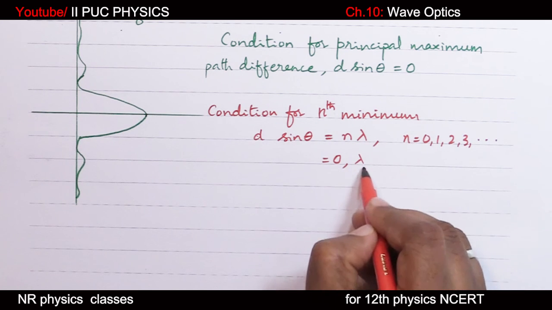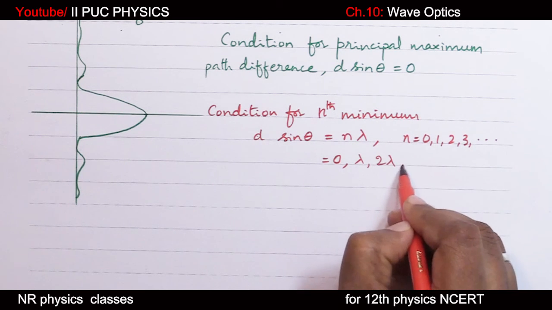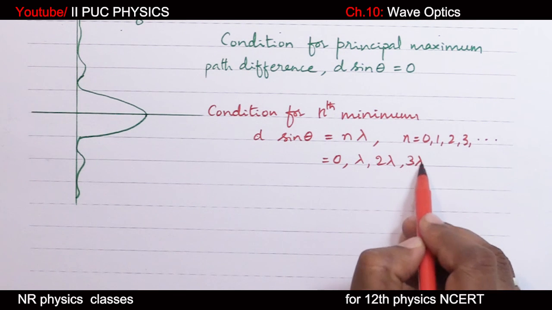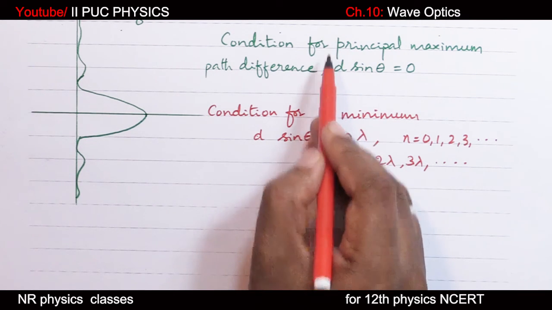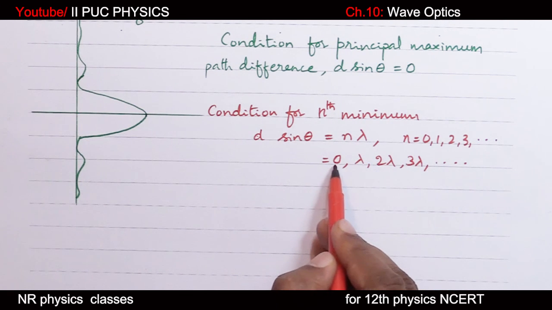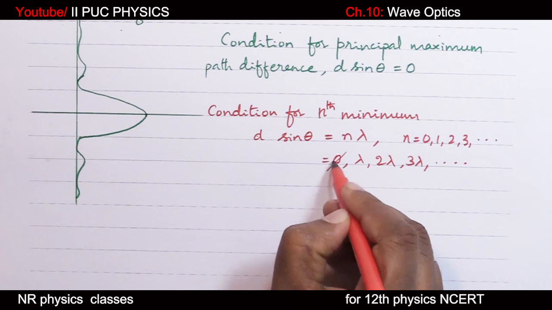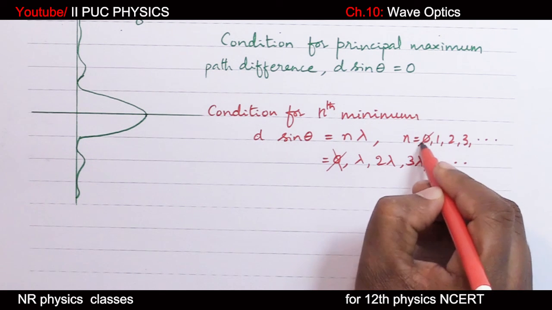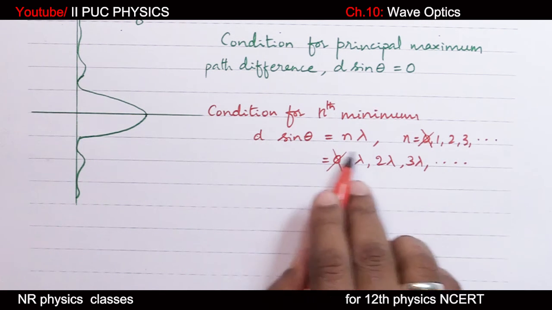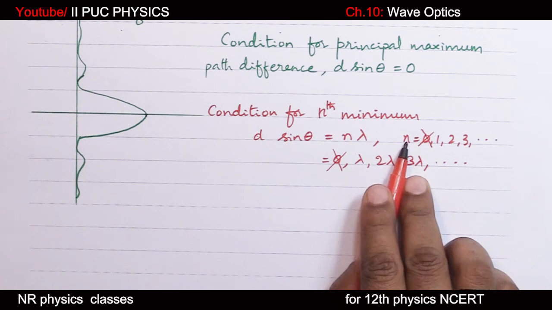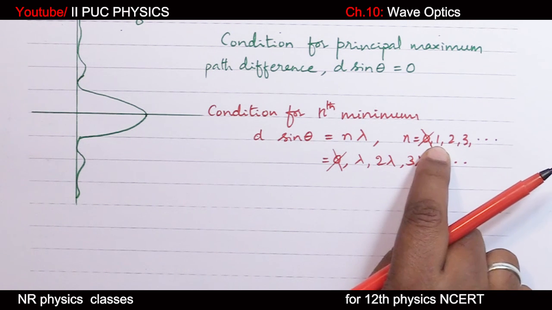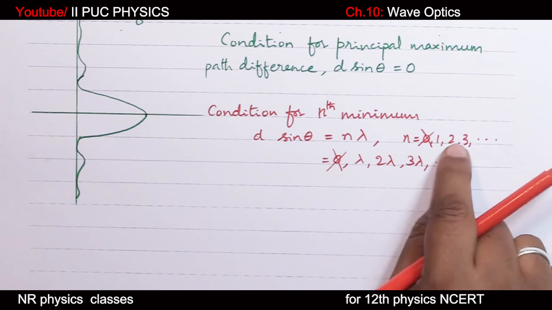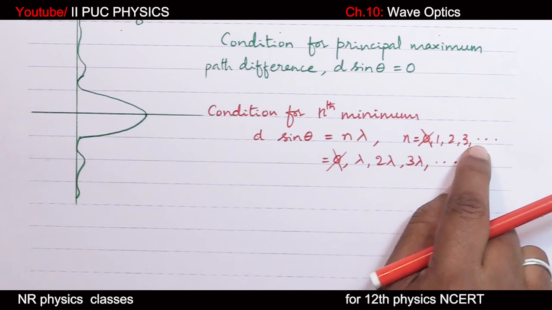Substitute 1, lambda; 2, 2 lambda; 3 lambda, etc. But path difference 0 is for the principal maximum. That is why 0 should not be included, meaning n should not start from 0. So in the case of diffraction, n is from 1, 2, 3. Recall in interference, we used to write 0, 1, 2, 3. Now it is from 1.